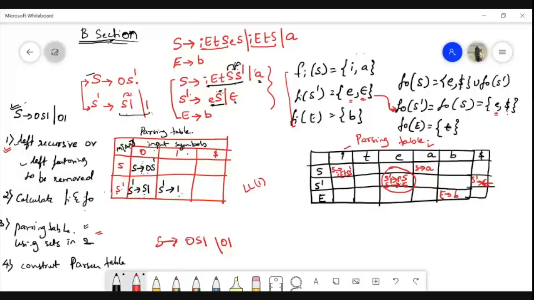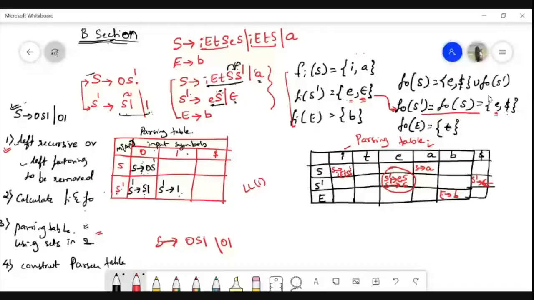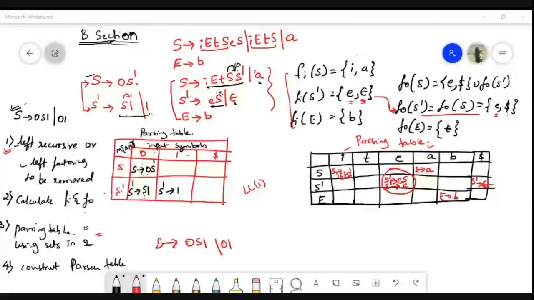In the follow set. Did I lose connection? This is how to write the parsing table.